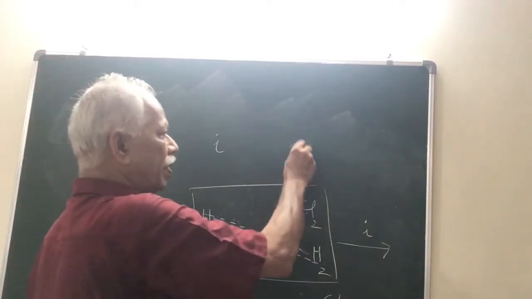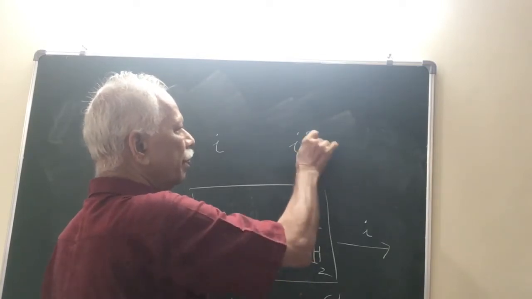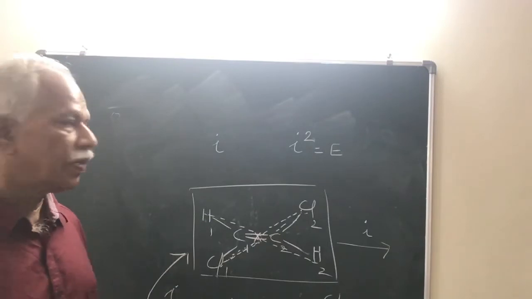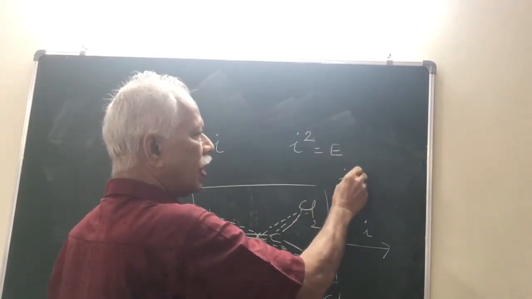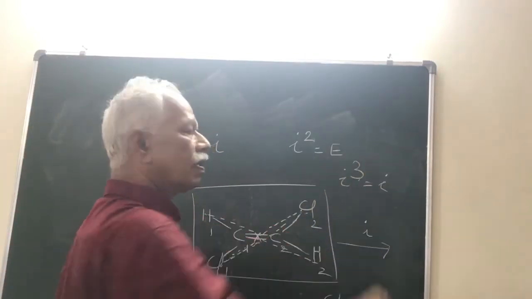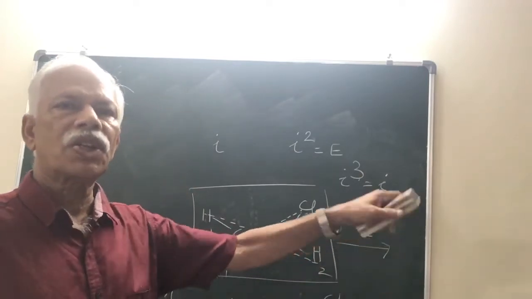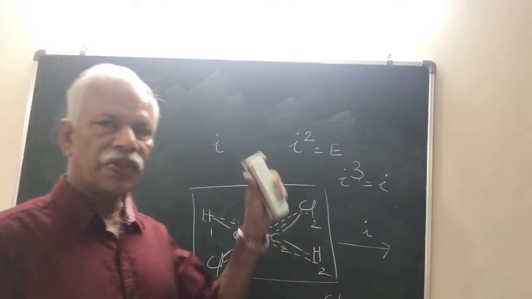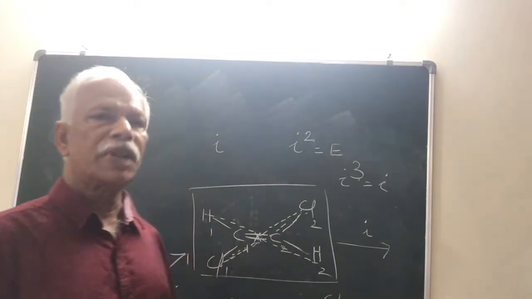So I squared gives the same result as doing nothing on the molecule. But if it is I cubed, it is as if only just one inversion operation is done across the center, as we did for plane of symmetry.